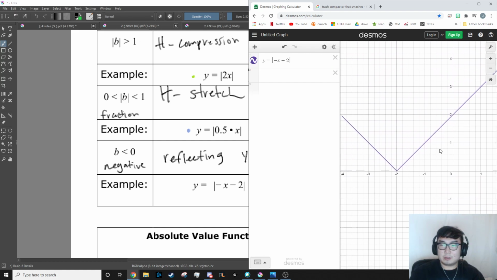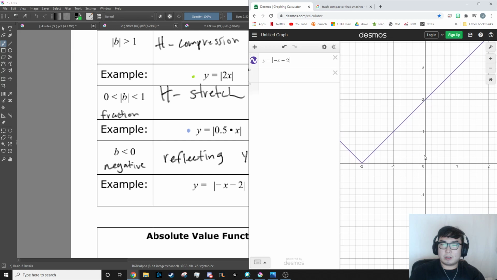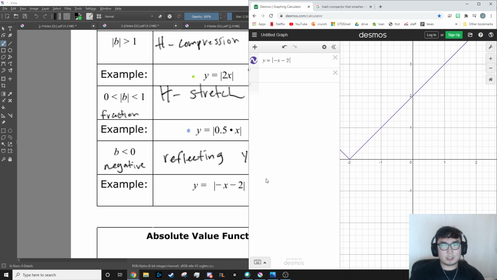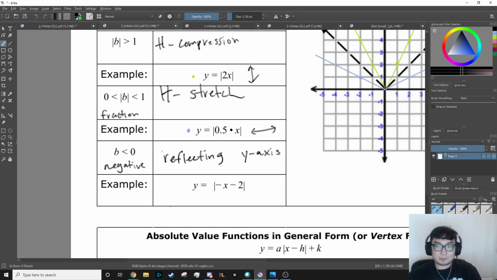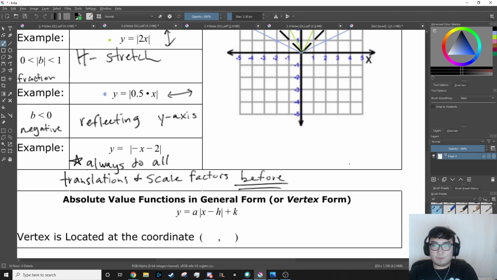So it looks like so. But what happened? Which one do we do first? Do we reflect first or do we move first? And I'm going to say, this is a key thing right here. Always do all translations and scale factors before reflecting.